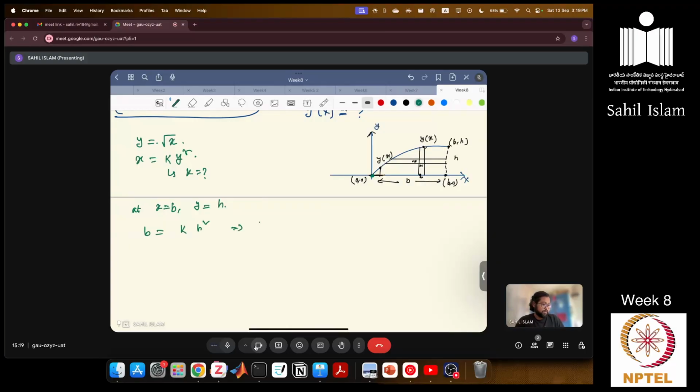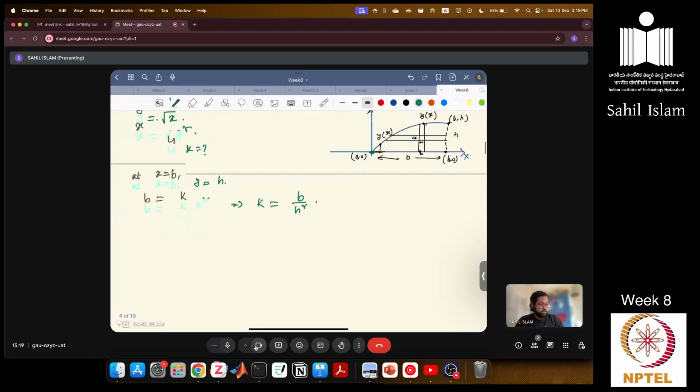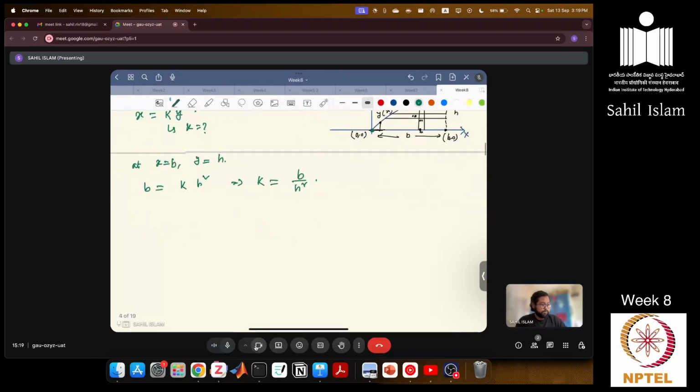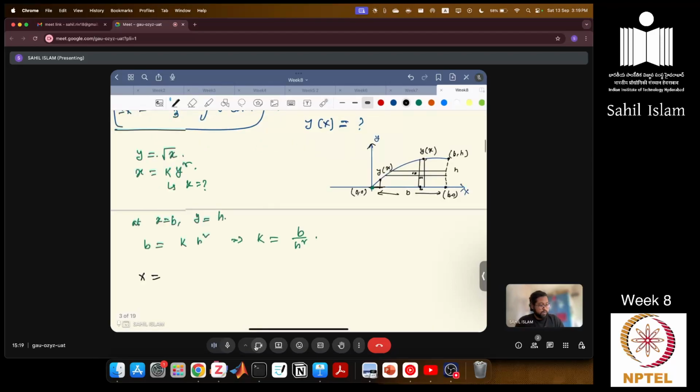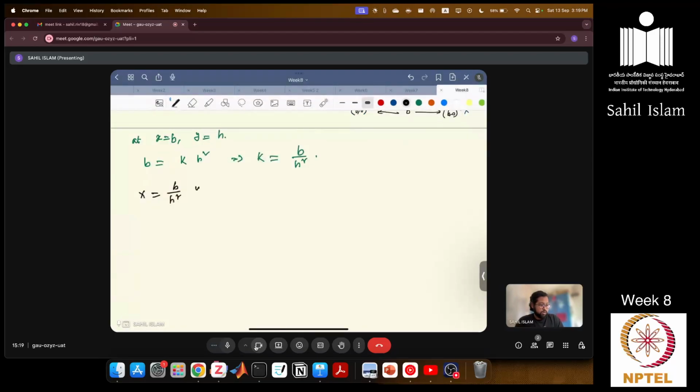This implies k equals b by h square. So the equation of this parabola becomes x equals b by h square times y square. This is the equation of the given parabola.